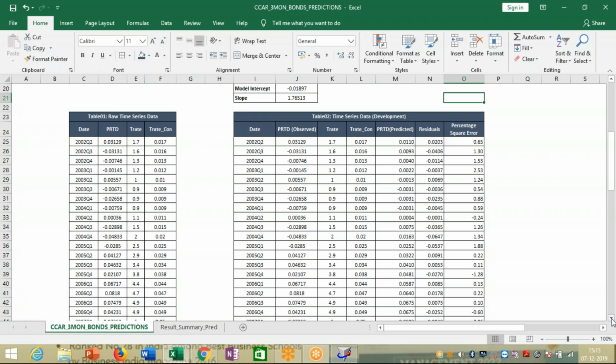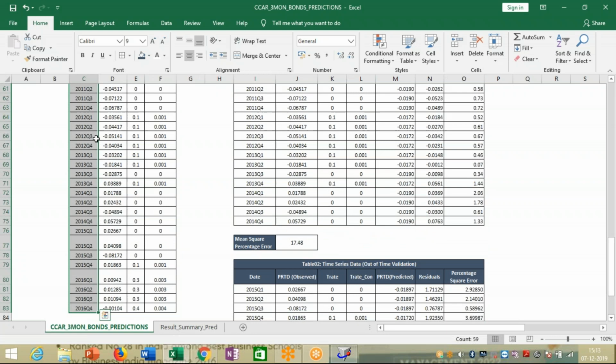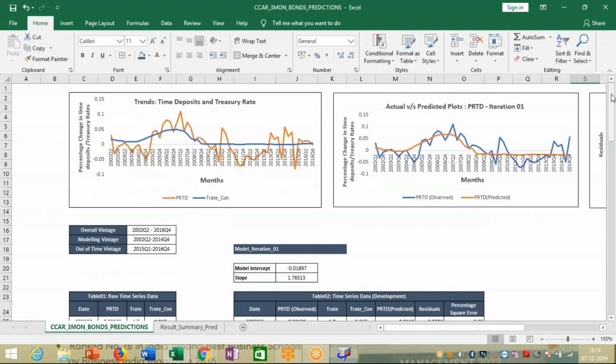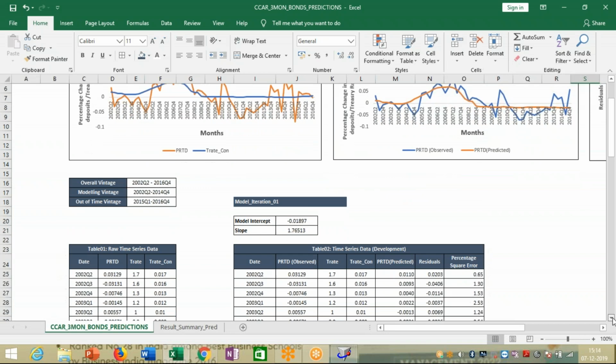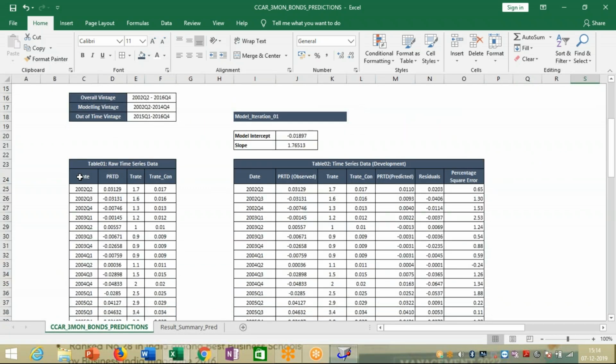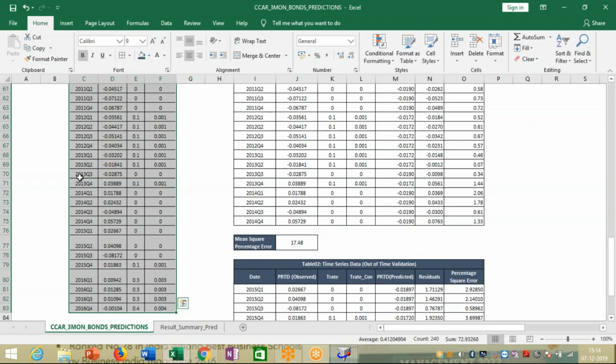I have a total of 59 quarters, so let's say I divide it into 4 or 5 parts, and then compute the average of the groups. We'll do a simple pivot over here.